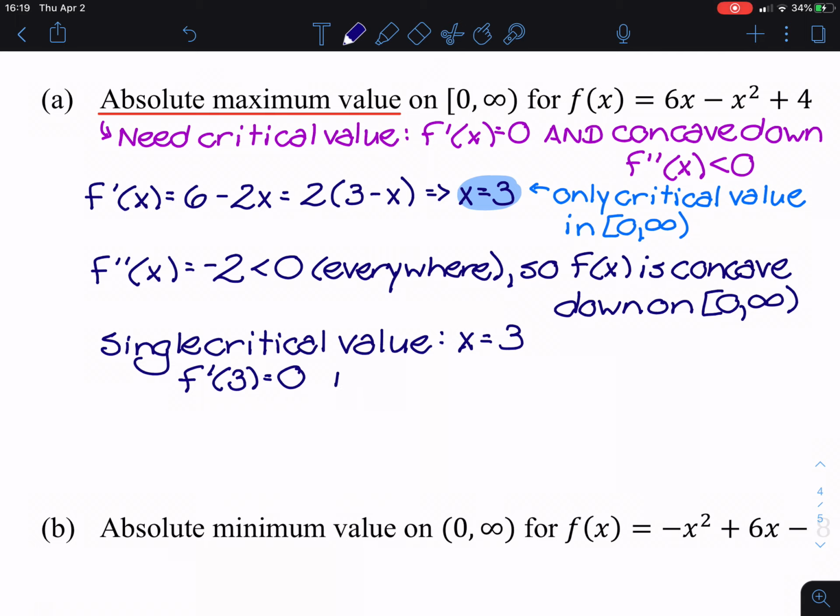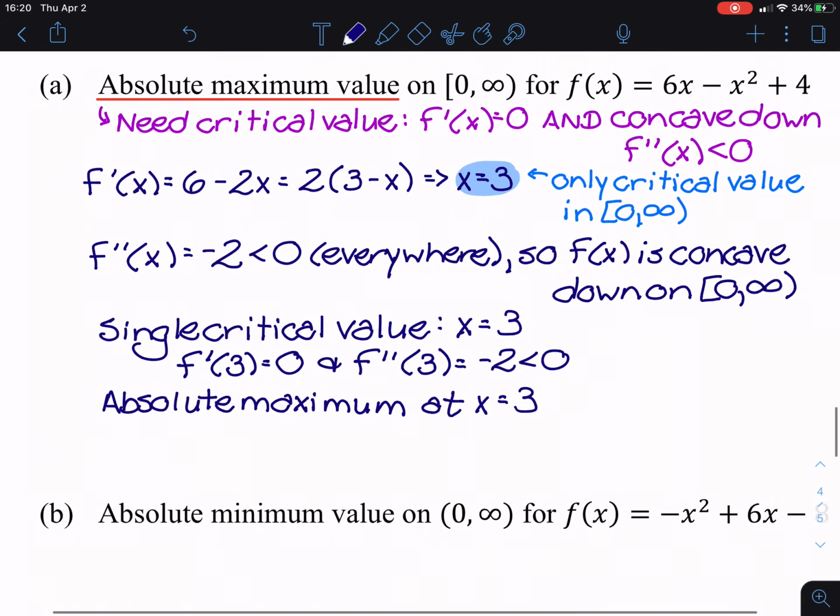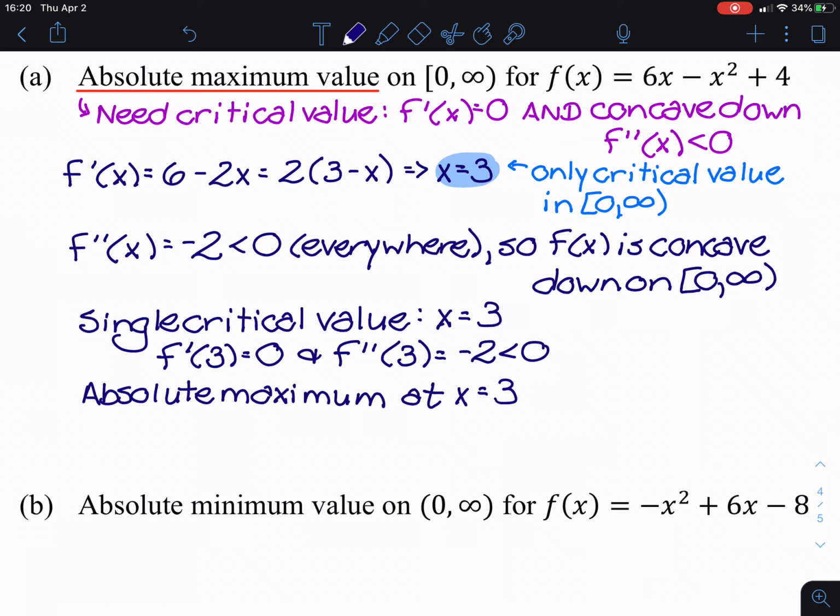The second derivative at 3 is equal to negative 2, which is less than 0. In other words, it's concave down. So I have an absolute maximum at x equals 3.